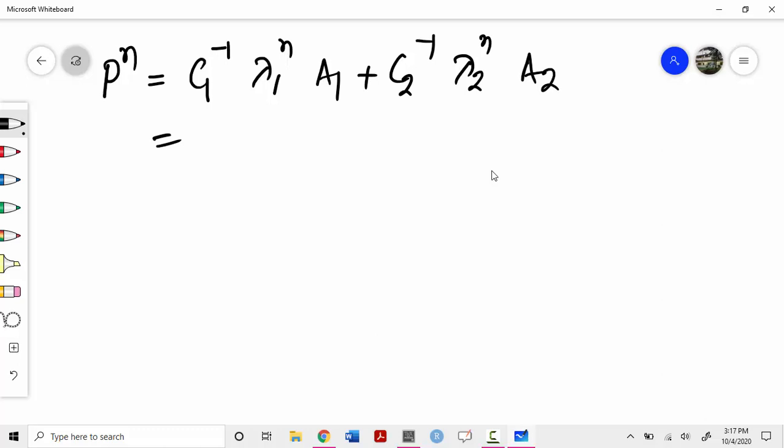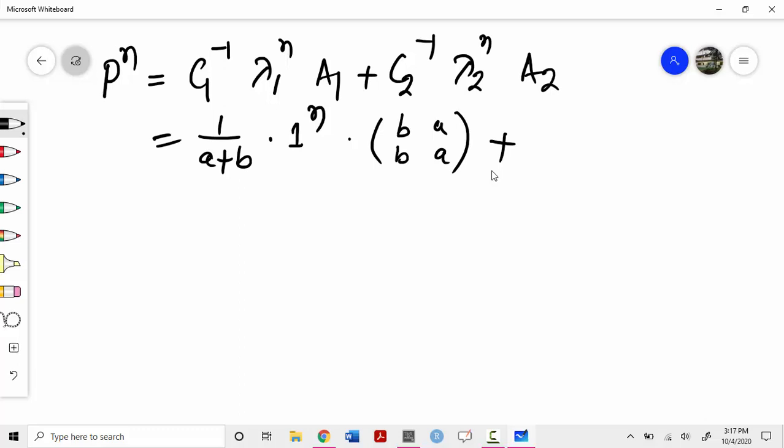So that will be equal to, now c1 inverse means 1 by a plus b, lambda 1 equal to 1, so this is 1 to the power n into a1. a1 is equal to b a, b a, plus c2 equal to a plus b, so c2 inverse is 1 by a plus b, lambda 2 is 1 minus a minus b to the power n into a2. a2 is equal to a, minus a, minus b, b.